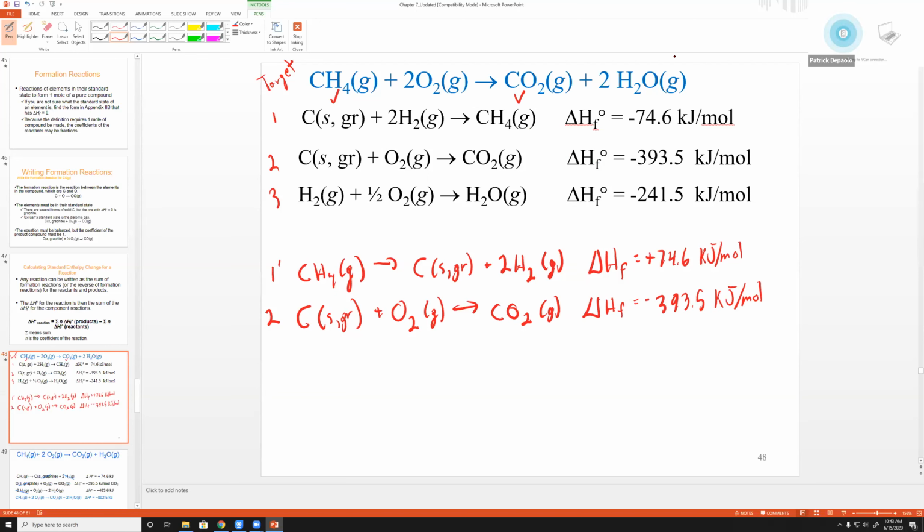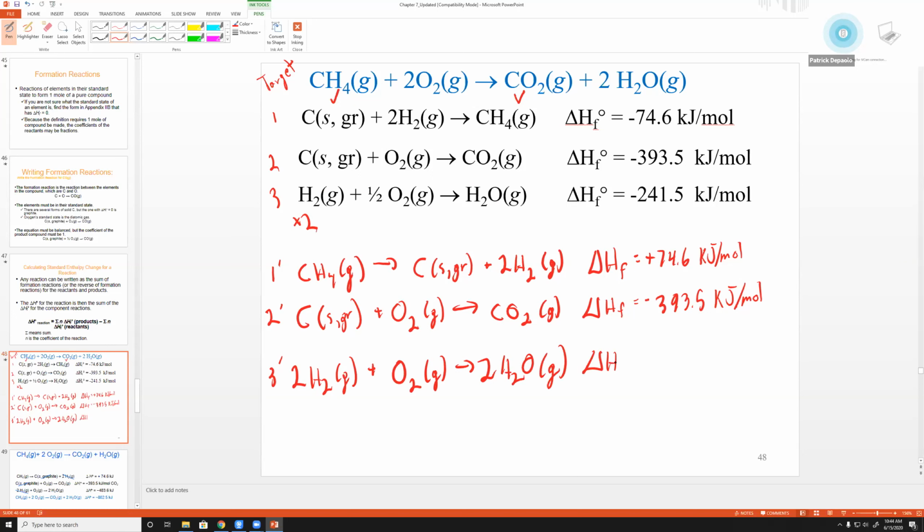Now water. There's 2 H2O gas in the products. H2O gas is only over here. So that means you multiply the entire equation by 2, because that makes 2 of everything, and there's 2 waters there. 2 H2 gas plus 2 times 1/2 is 1 O2 gas yields 2 H2O gas.